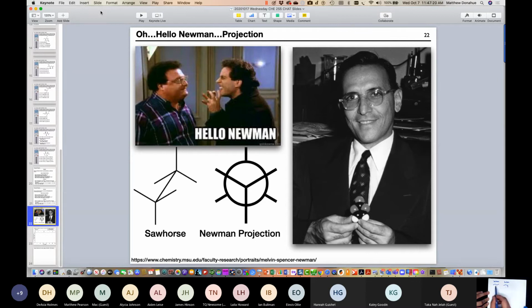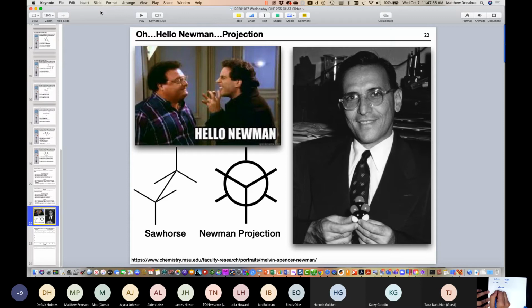Sometimes students get confused because these are static lines that are indicating a structure. This is drawn one way, this is drawn another. So students sometimes get confused and say these are not the same molecule. They are the same because the carbon count, the hydrogen count's the same, but they are different in the sense that they are called conformers.